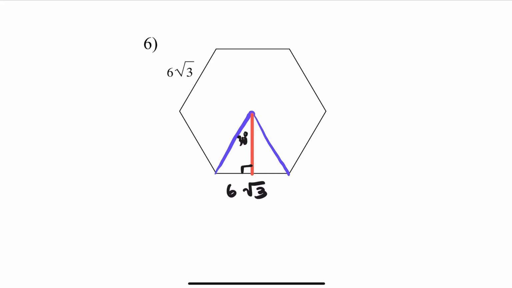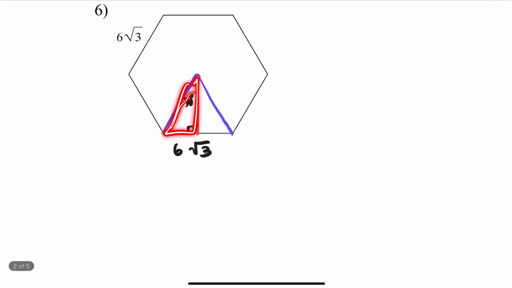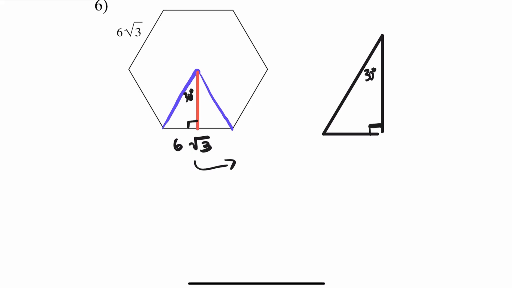From here, I would suggest you draw out your mini right triangle off to the side. So let's do that. All right, there's our right angle. Here's our 30 degrees, and this would make this 60 degrees.